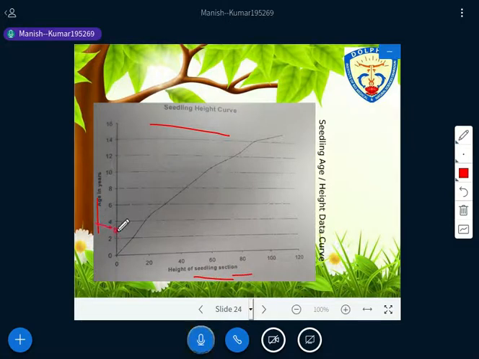So age means it will provide you the time. Is it clear? So it will provide you the time to reach some stump height. So this is the purpose of this seedling height curve, and this curve has been drawn by using the data that has been filled in form number 4. You got it?